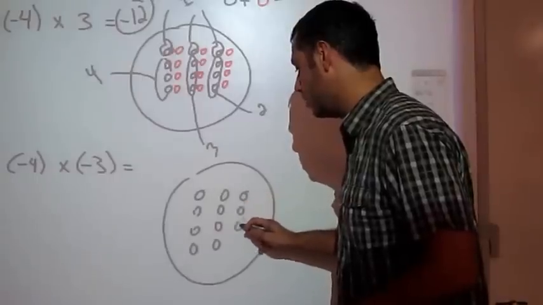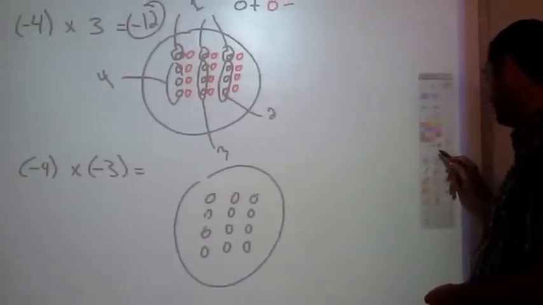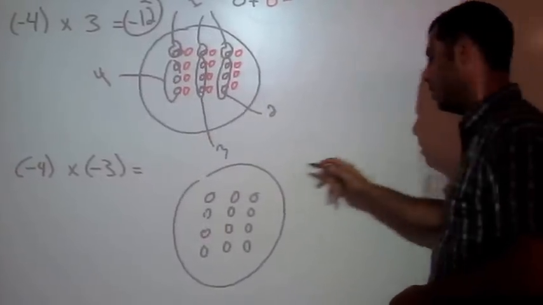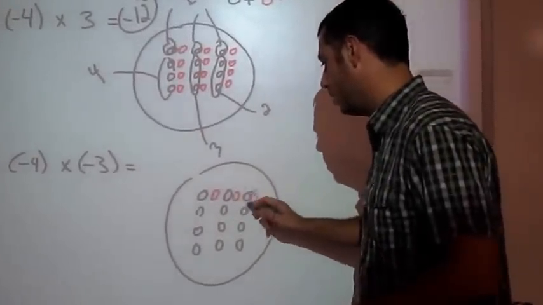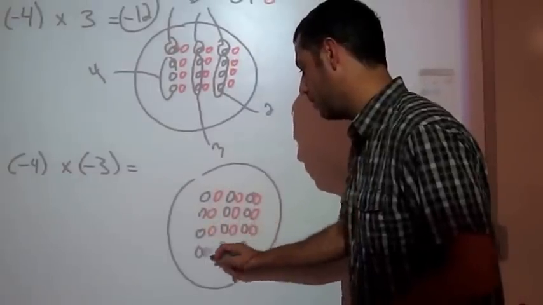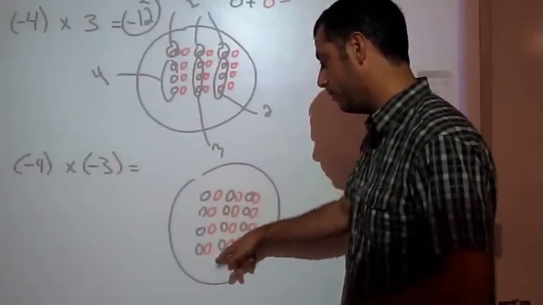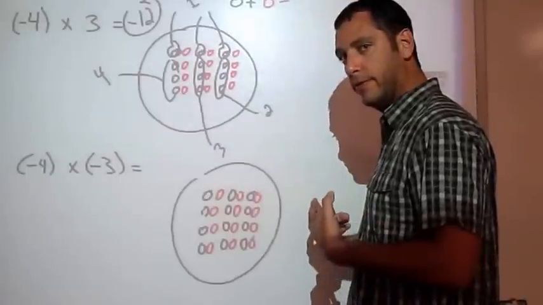In this case, it's 4 sets of 3 negatives. Okay, so I've got 4 sets of 3 0 pairs here, and now I can remove the negatives.